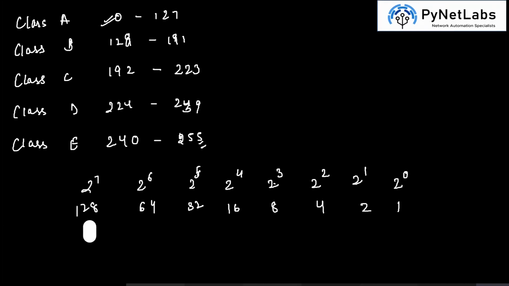When you turn on the first bit, the result you get is 128. So it is certain that class B starts from 128. And when it comes to class C, you have to turn on the first two bits, which are 128 and 64. When you add them up, you get 192.